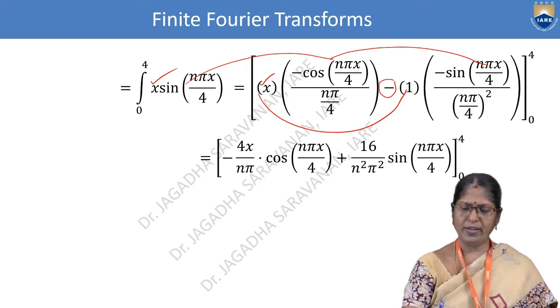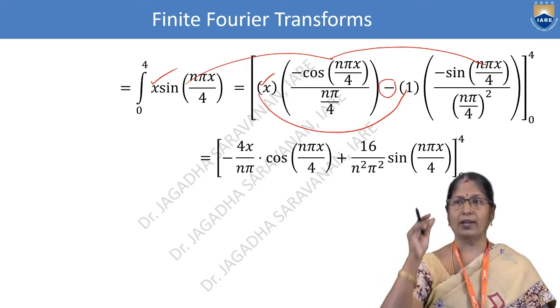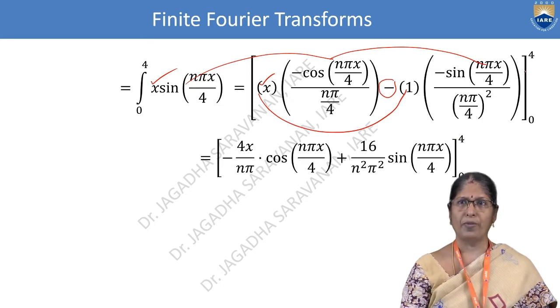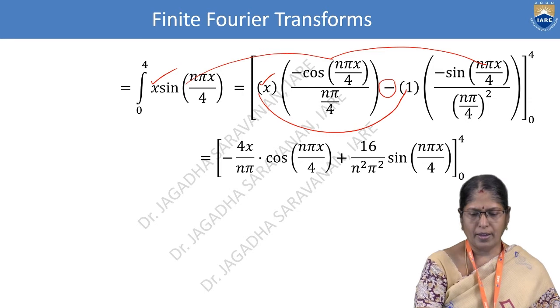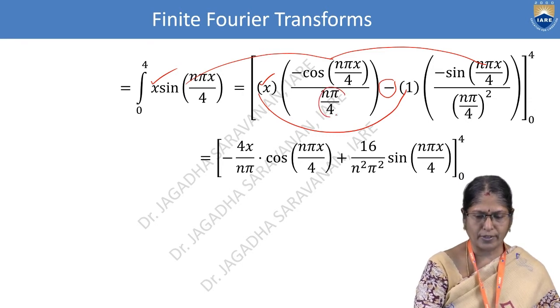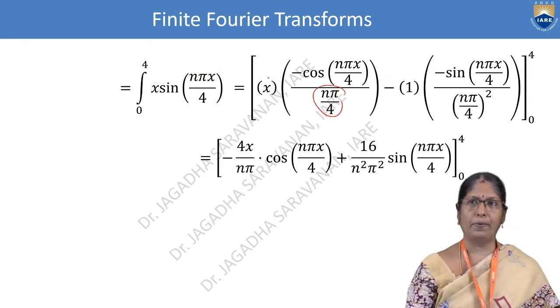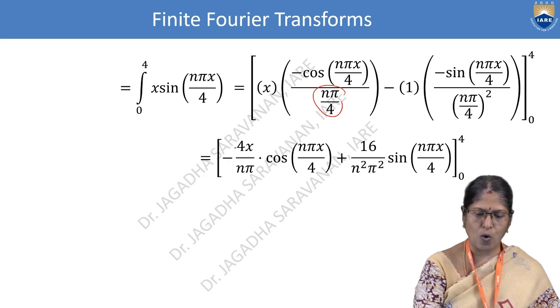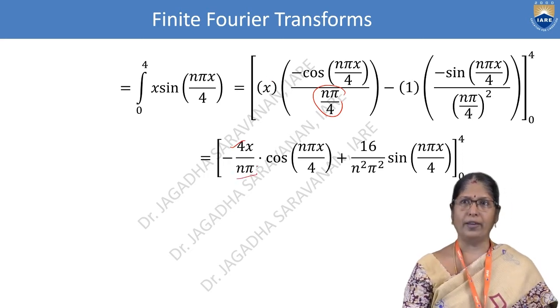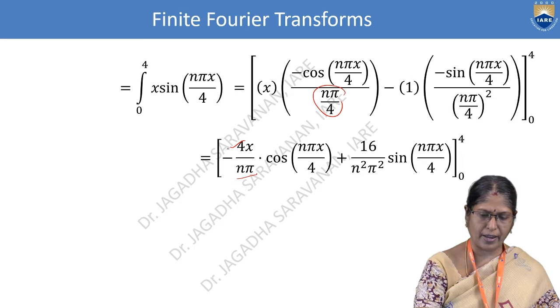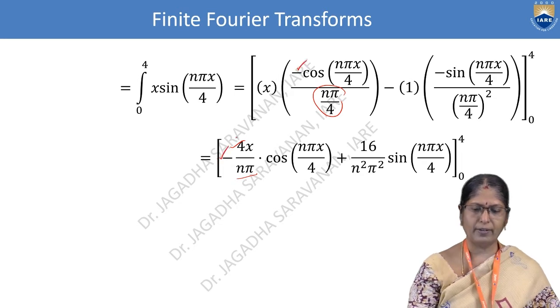Now we didn't immediately apply 0 to 4. Are there any simplifications? Here n pi by 4 is there, bringing it up it becomes 4 by n pi. This minus sign is there.